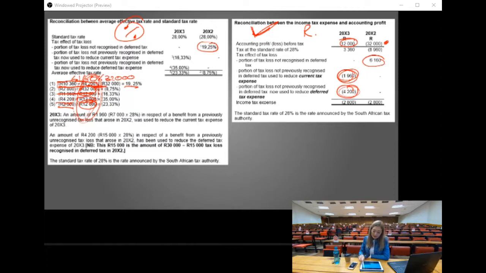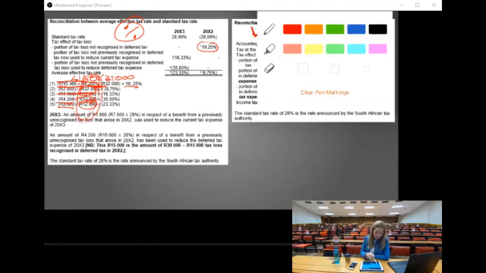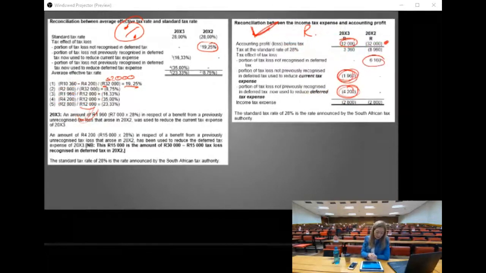So for example, you'll see here that now we have to tell users that an amount of 1960 benefit from a previously unrecognized tax loss was used to reduce the current tax expense. So now we have to tell users this percentage, and we have to tell them what the actual rand value was.